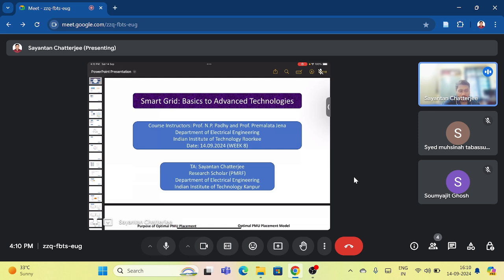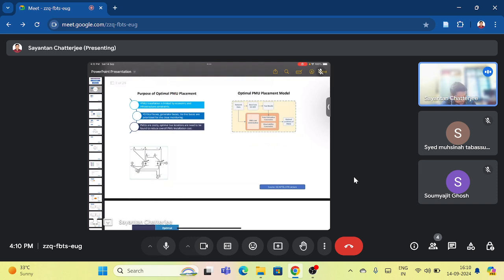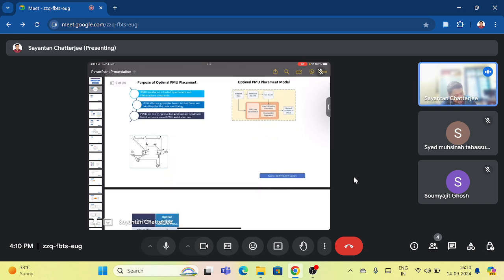That needs a dedicated research domain, which is already there, so whenever you want, you can go through them, like the optimal PMU placement. As we have previously discussed, the need of metering equipments lays the foundation of distribution system monitoring and control, and also microgrid monitoring and control.